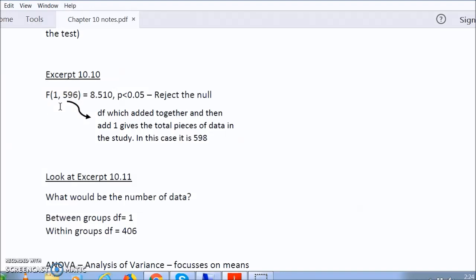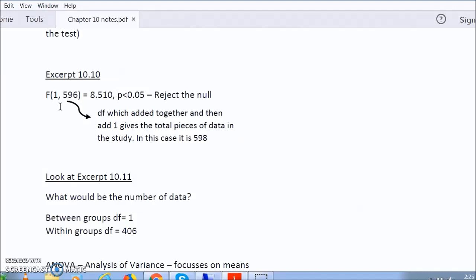So in this case, you have your mean, that is M, which is the sample mean, your standard deviation, then your mean for the other sample and the standard deviation, and then the F comes out to be 8.510. P is less than 0.05. So this says that there was statistical significance in their experiment, and they reject the null.